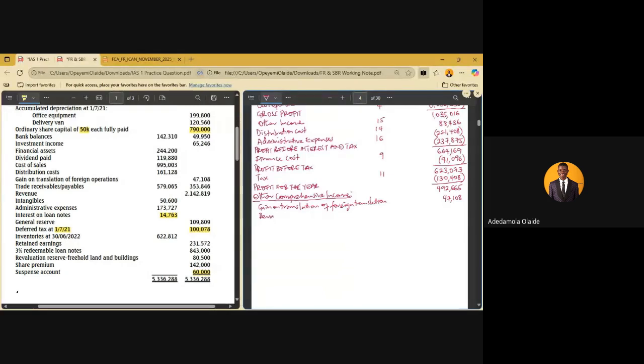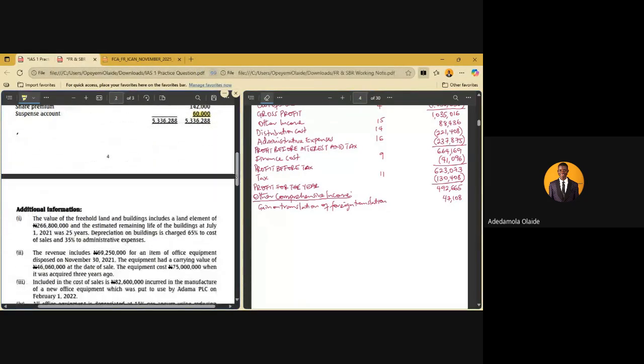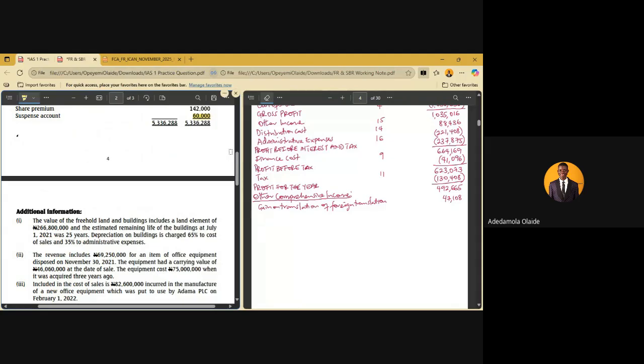So this revaluation reserve of freehold land and building: they did not tell us we just revalued our freehold land and building this year, because in the information we have for freehold land and building, they did not tell us any revaluation.